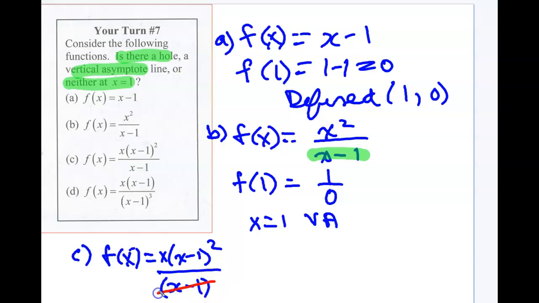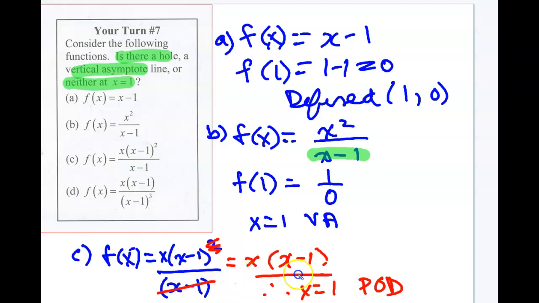Well, this factor in the bottom cancels out with that factor in the top, and I'm left with x times (x minus 1). So I no longer have a denominator, so I cannot have a vertical asymptote. So therefore, x equals 1 in this case would be a hole, or a POD. And to figure out the y-coordinate of the hole, I'd plug 1 into here. I get 1 times 0, which is 0, so the point of discontinuity would actually be at 1 and 0.